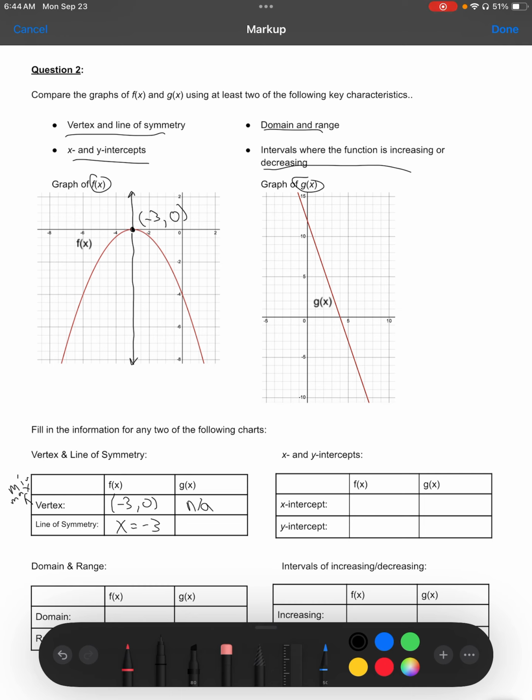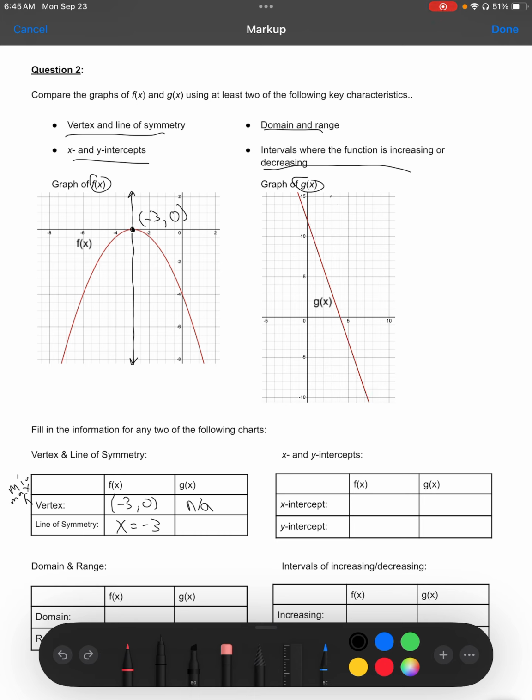Then for g of x, if we're looking at a line of symmetry, there isn't really a line that I could put on here that would make it the same on both sides. If I draw a line like this, that doesn't work because one side of the graph is going down over here, the other side of the graph is on the upper side, so it's not the same.